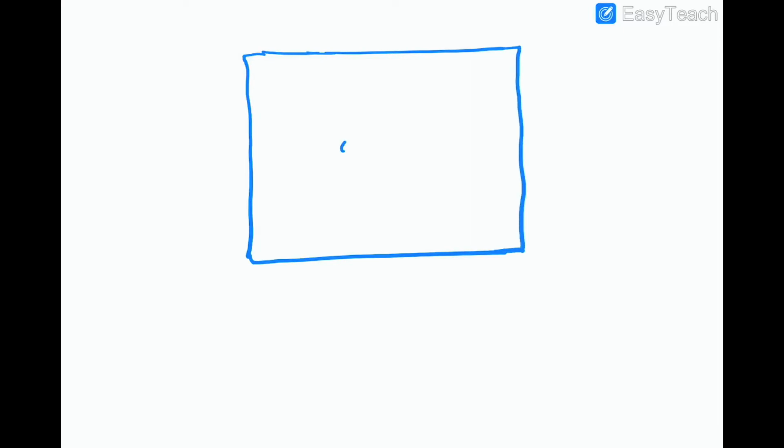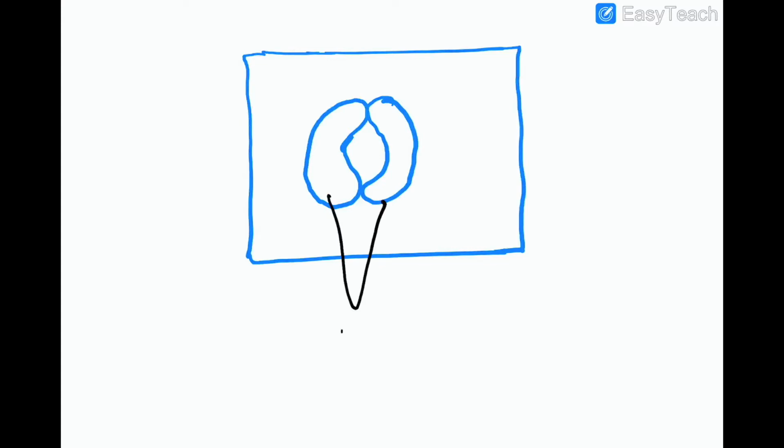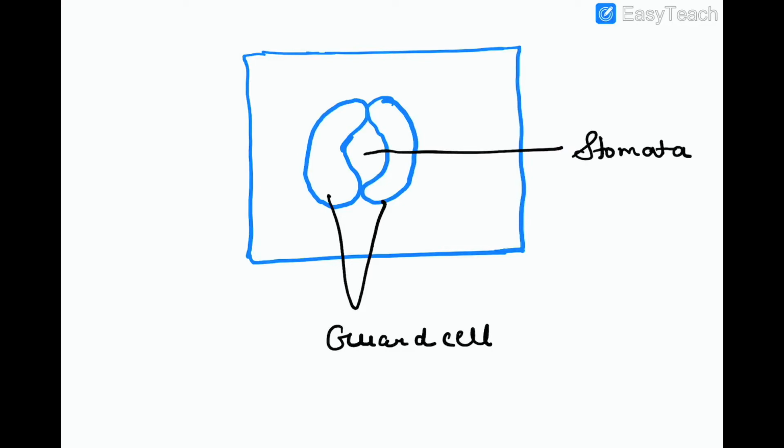There are two cells which are kidney shaped in dicots and dumbbell shaped in monocots. So these are the two guard cells. And in the center, this opening is known as stomata. Surrounding the guard cells are the epidermal cells.